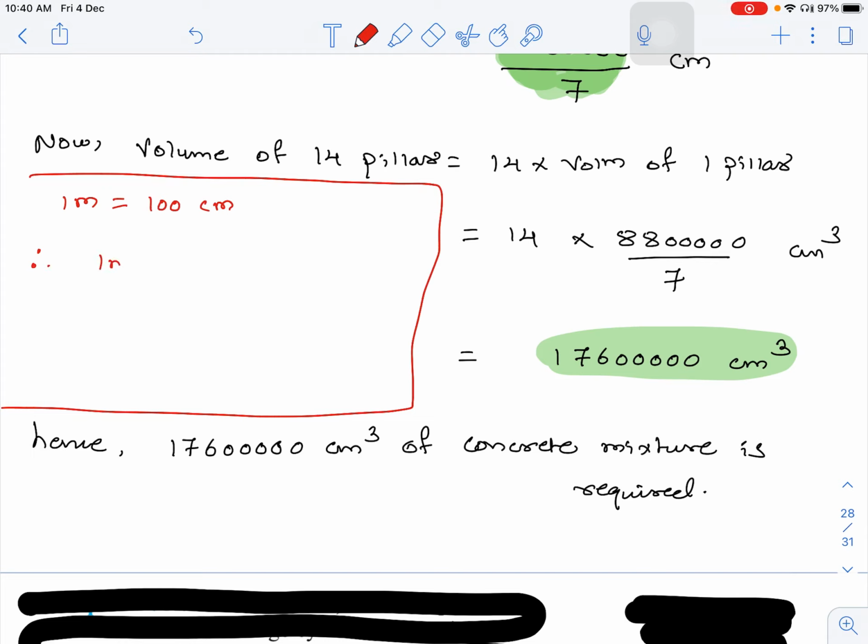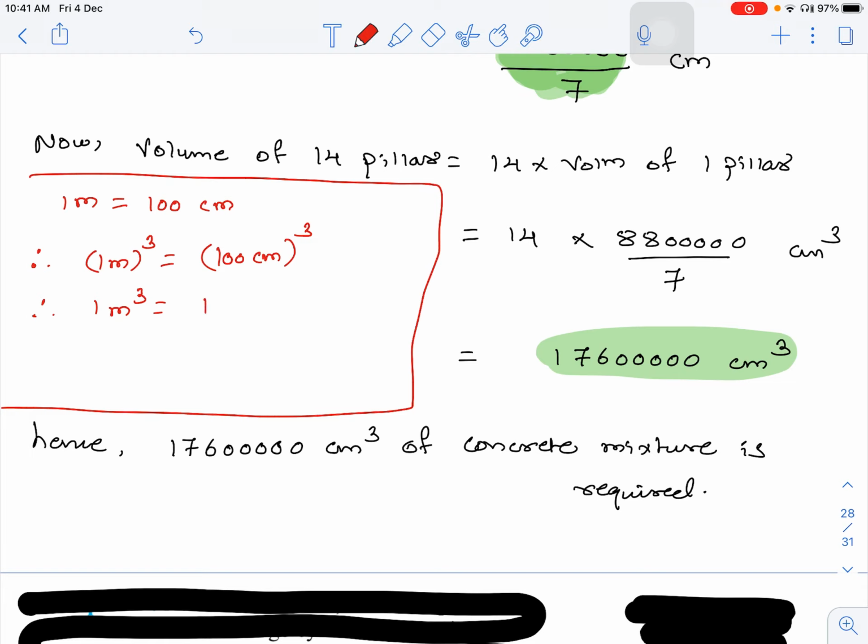Therefore, you will get 1 meter cube equals 100 centimeter cube, that is taking cube of both the sides. Now cube of this one will be 1, and then meter cube, so you get 1 meter cube equals, now remember that 100 cube means two zeros are there, so it will become 6 zeros.